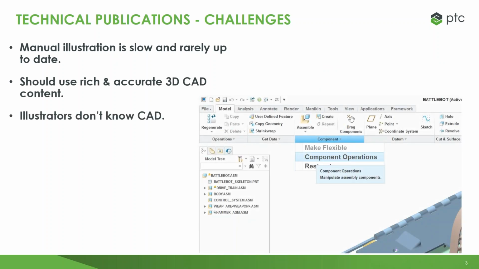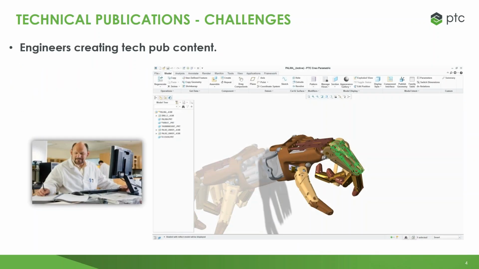Some of the problems that may be faced along the way is illustrators may not necessarily know CAD, and with Creo Illustrate, it makes that entire process much more simplistic. So if we're having engineers creating our technical publishing content, you want it to be as simplistic as possible. That way they're spending less time grabbing those figures in, and they're spending more time actually designing.